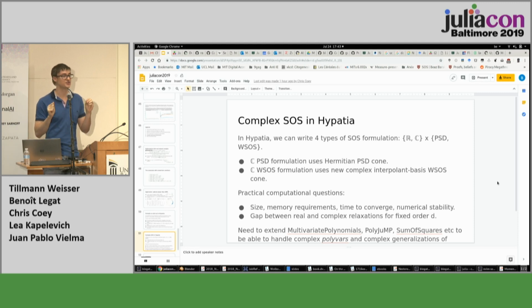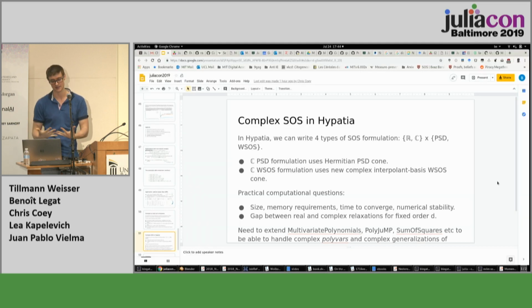But for each of those, you can either do an SDP formulation or a W-SOS formulation. And we've generalized the W-SOS cone, the weighted sum of squares cone, to the complex case, and we've generalized the barriers and the interpolation and everything like that, which was non-trivial, but it looks very nice. The math is just very simple.